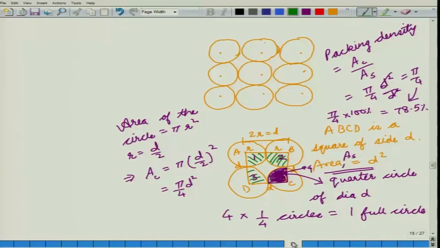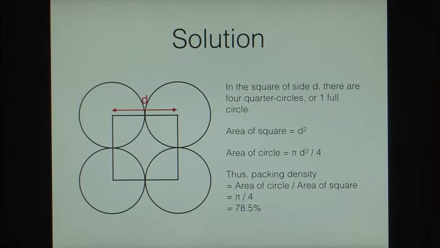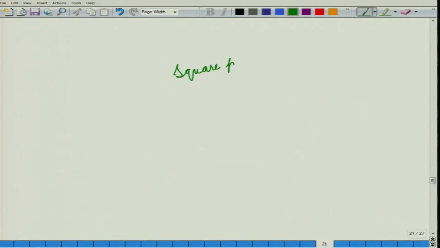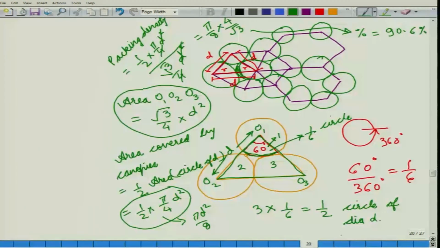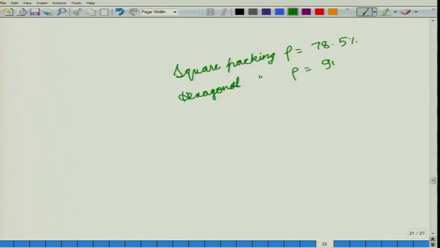So, in the last slide we saw that the packing density in the case of a square packing is 78.5%. So, if you consider a square packing, density is 78.5%, whereas in the case of a hexagonal packing, the density is equal to 90.6%.